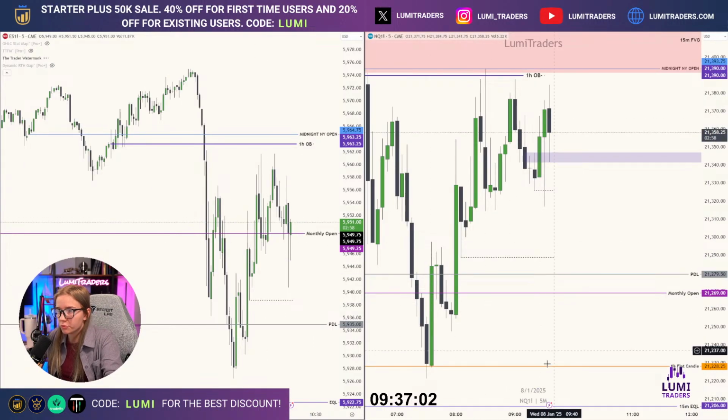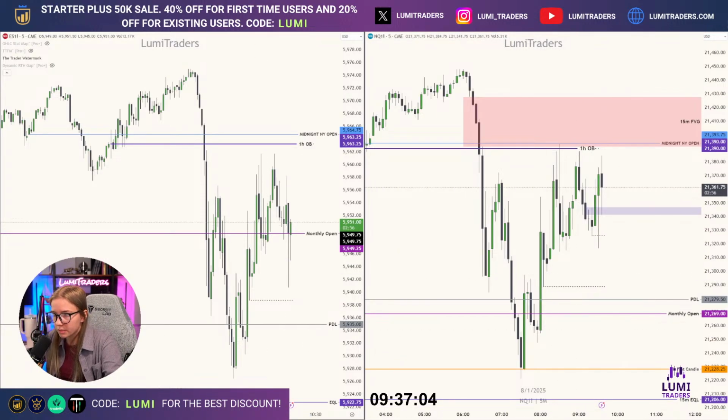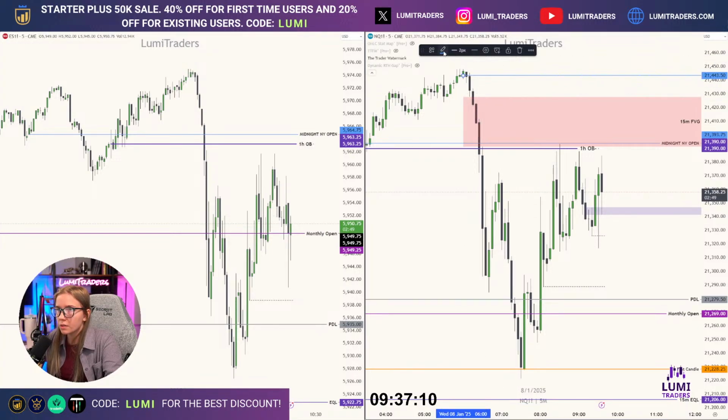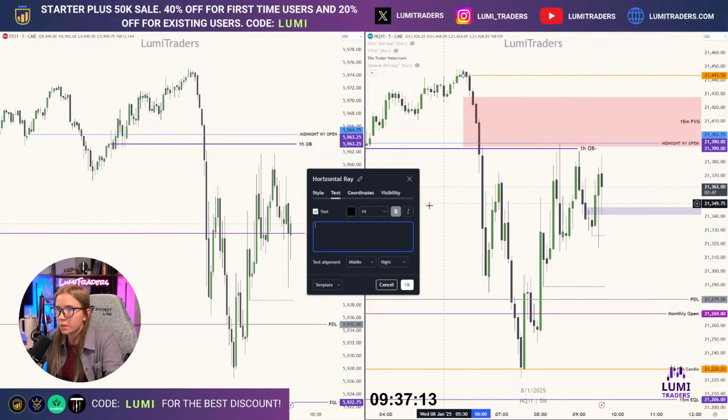And so far, just a sweep right here. By the way, let's highlight 6 a.m. open. It was at this candle. Okay. It will be our current 4-hour open.